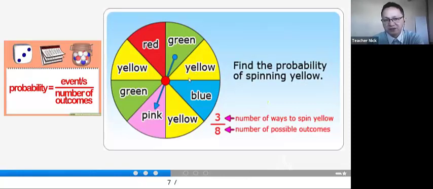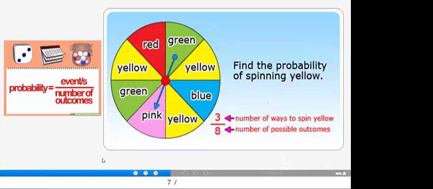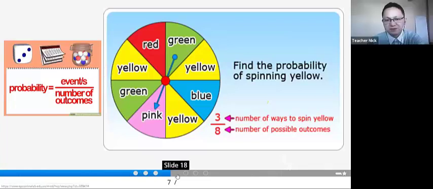There are 3 yellows, and the total number of possible outcomes is 8: 1, 2, 3, 4, 5, 6, 7, 8. So the probability of spinning yellow is 3 over 8, or 3 out of 8. So we can use a fraction as our ratio, our probability.